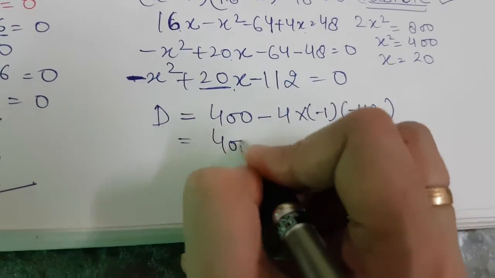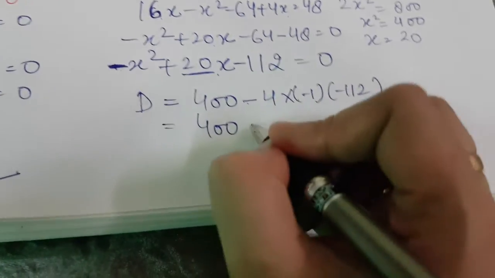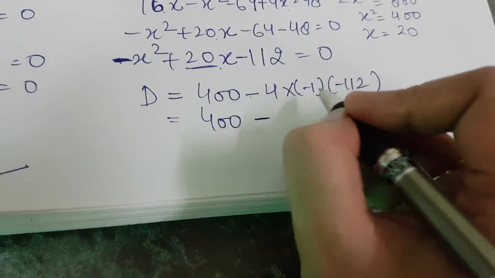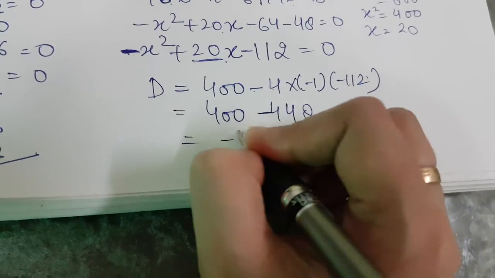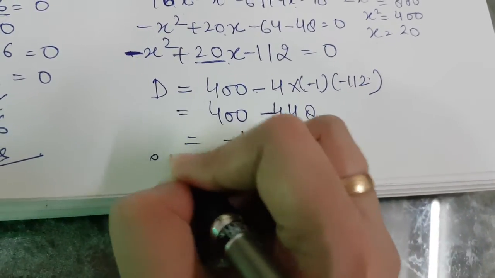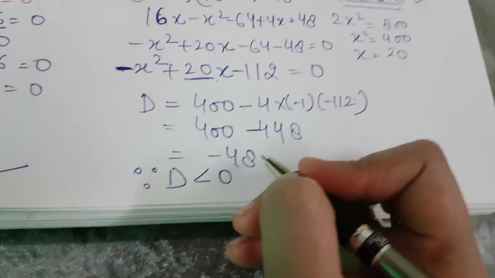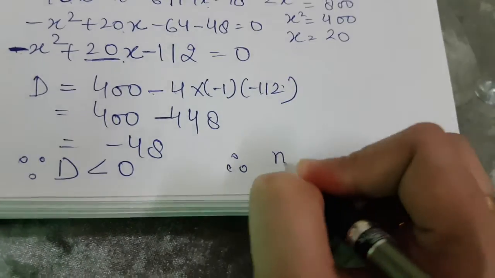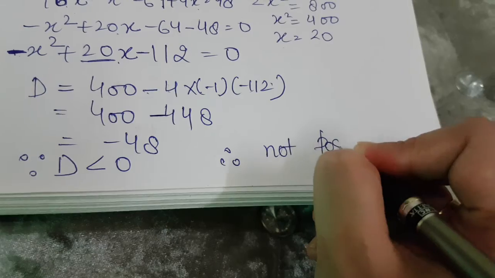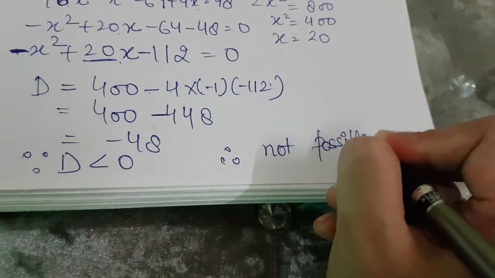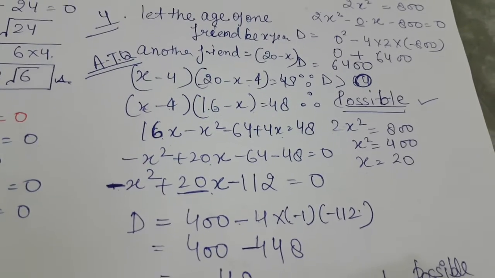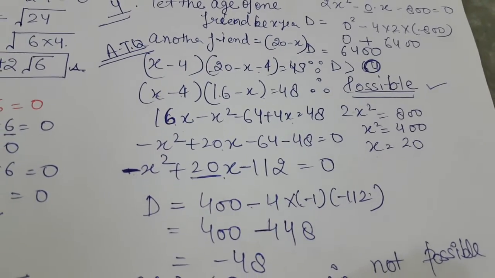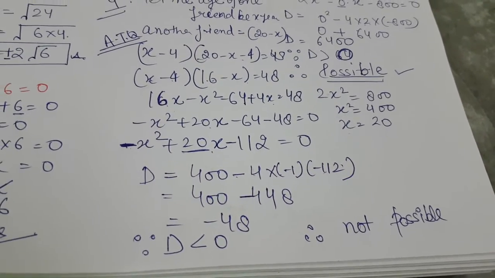So this is 400 minus 4 into 112. So this is coming minus 48. So since the D value is less than 0, therefore the answer is not possible. If not possible, then no roots, it means no need to solve this question. Is it clear, students? Fine.